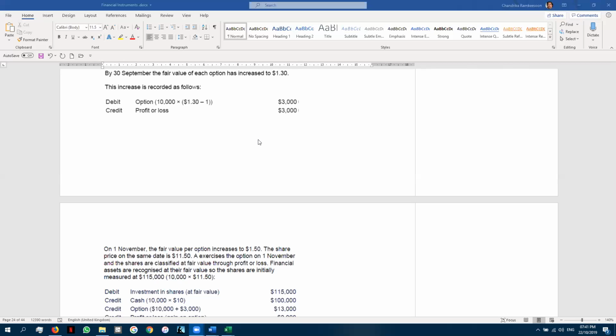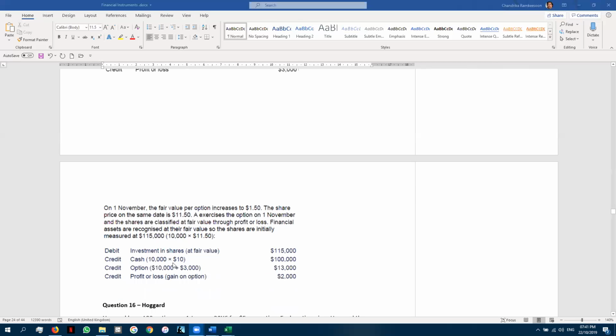So it's not as though it's a one-way street, but we don't need to get too much into that side of it, okay? So credit cash, this will be paid over to the seller of the option, who now must give the shares at $10. Credit option, $13,000.